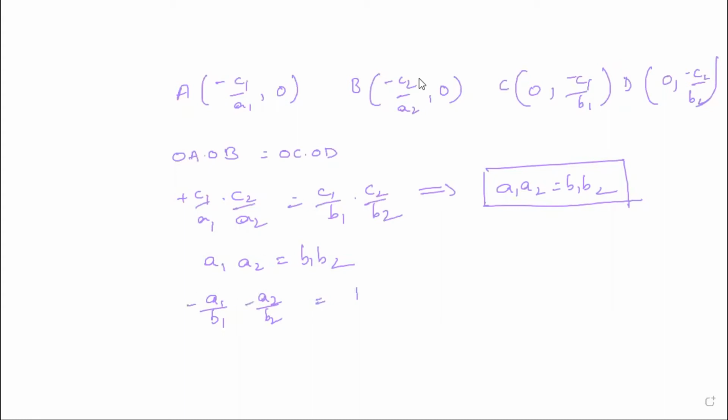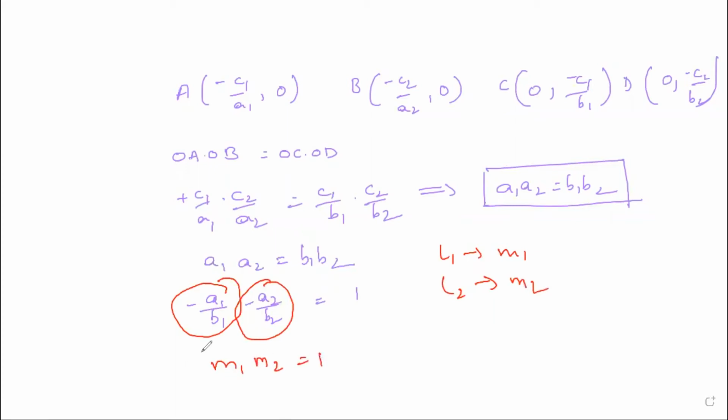This denotes the slope of the first line and this denotes the slope of the second line. If L1 slope is M1 and L2 slope is M2, from this condition we get M1 M2 is equal to 1. So this is the third condition for concyclic points formed by two lines whose slopes are M1 and M2.